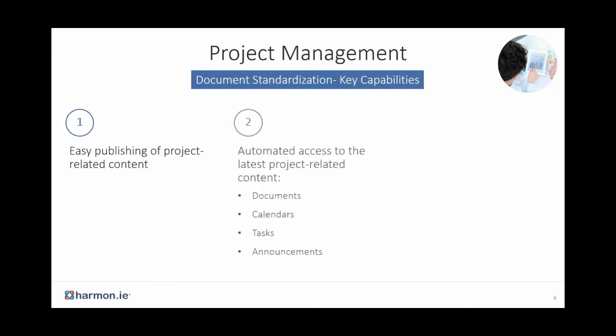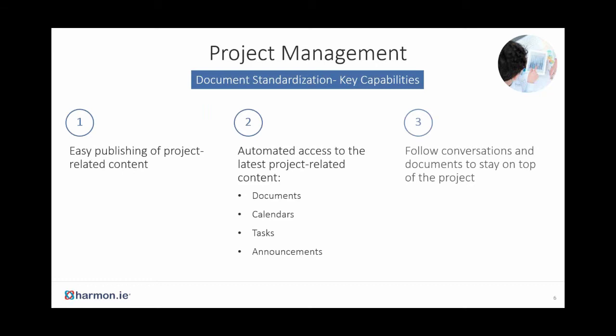So if we summarize our business requirements, we need to be able to easily publish project-related content, regardless if we are on mobile devices or in the office. We need to be able to access this information from our mobile devices when we're in the field, so we have up-to-date information. But we also want to get automated or real-time updates. If a document has been updated, I want to see that on an activity stream.